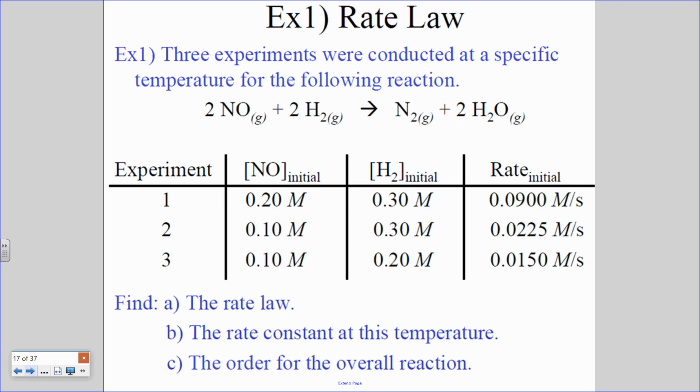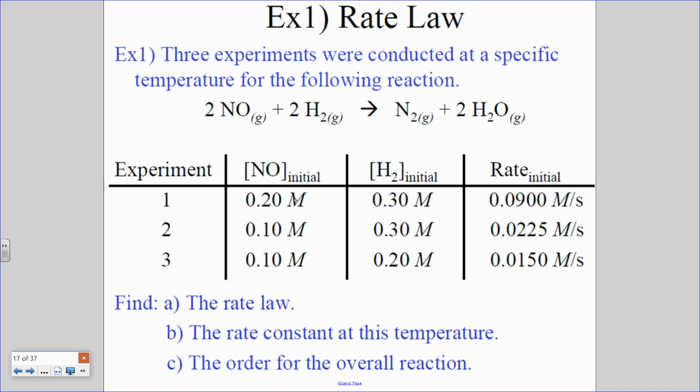Okay. So I said that you had to figure out the order of a reaction based on experimental data. Let's look at this, the kind of information you'll be given. You have 3 experiments, experiment 1, 2, and 3.